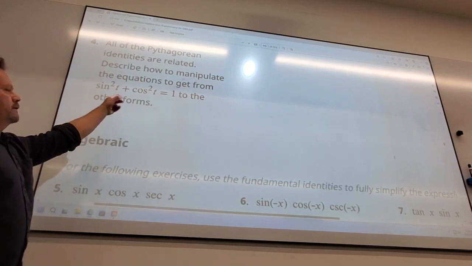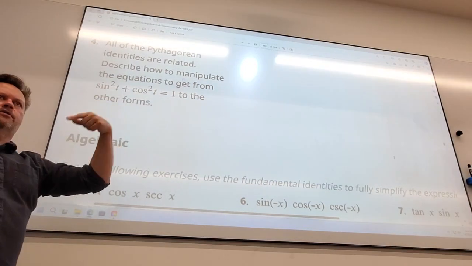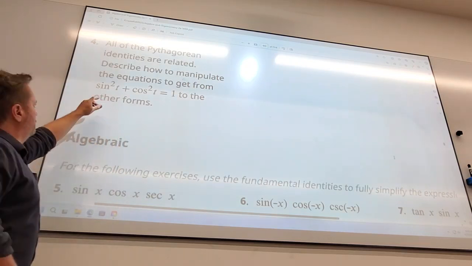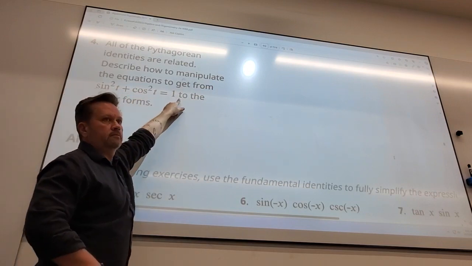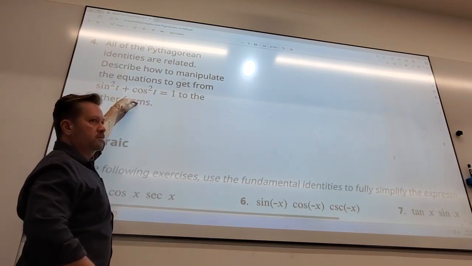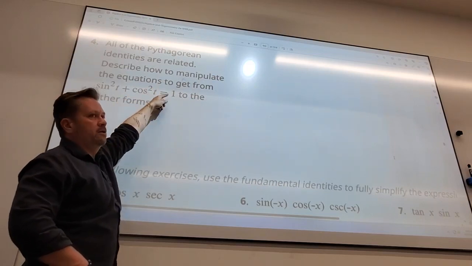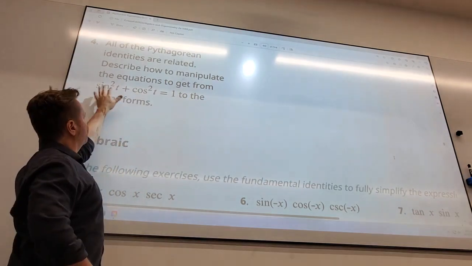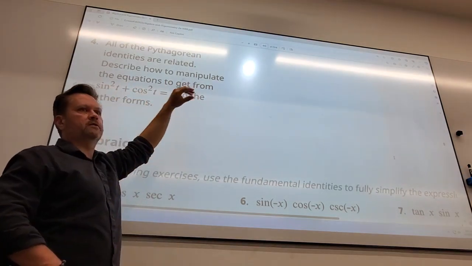What do I do to this to get either one of the other two Pythagorean identities? I either divide everything by sine squared, and I get 1 plus cotangent squared equals cosecant squared. And if I divide by cosine squared, I get tangent squared plus 1 equals secant squared.